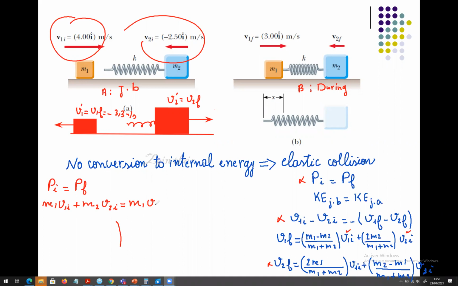M1 equals 1.6, V1 initial equals 4, M2 equals 2.1, and V2 initial equals minus 2.5.